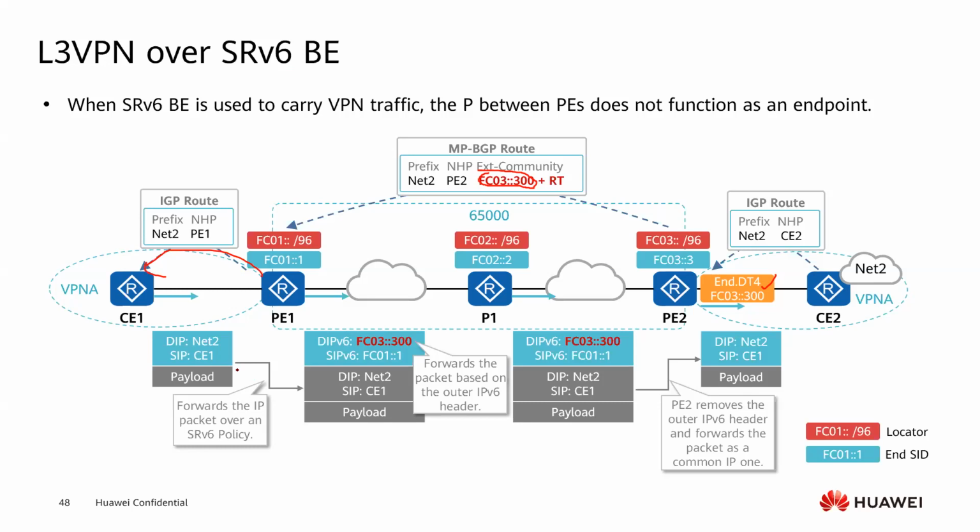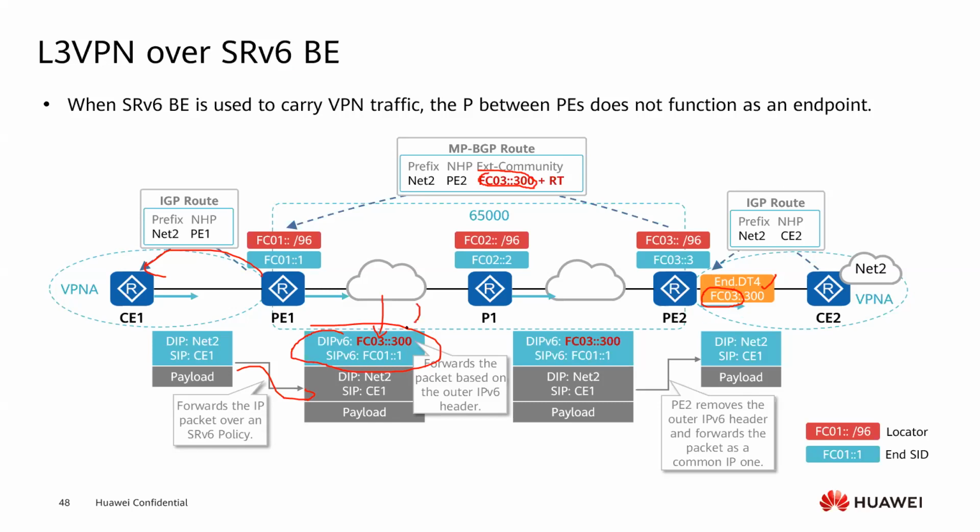So the CE1, when it is sending the packet, on the outside they will encapsulate the destination. Look at this, this destination is the DT4. So how to forward to the DT4? Because it is FC03.